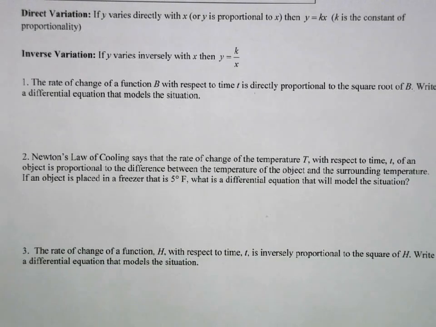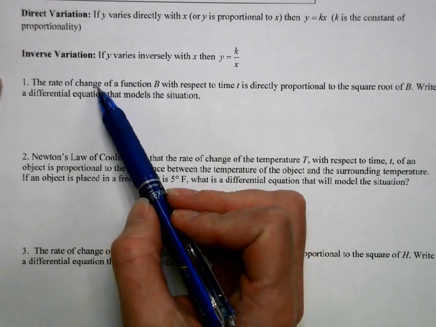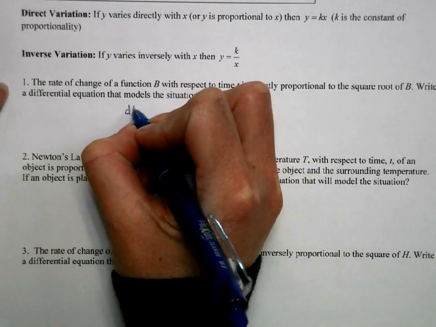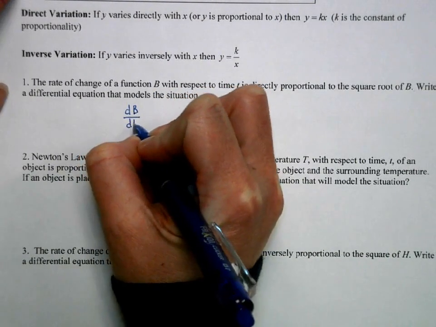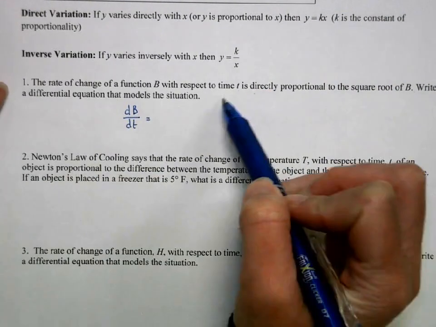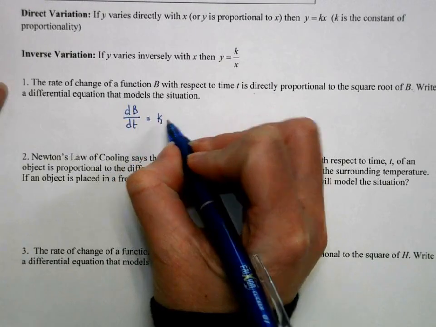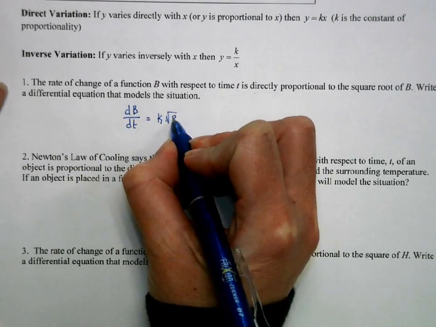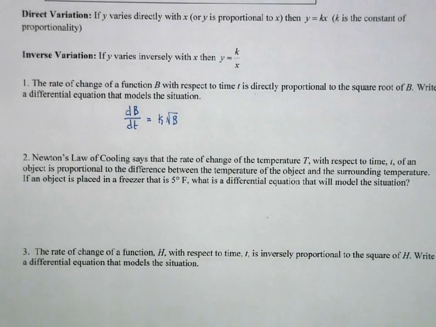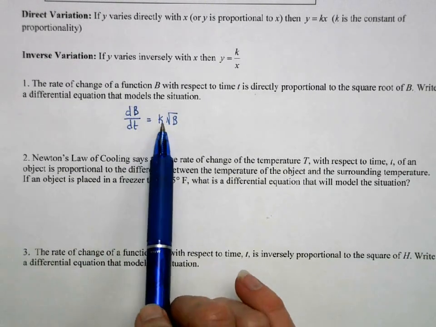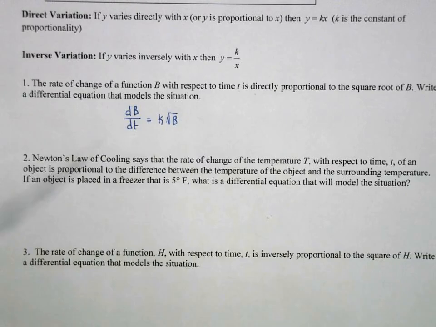The rate of change is going to be our derivative, the rate of change of b with respect to time. So we're going to write that as db dt, and we're saying that is directly proportional to the square root of b. I'm going to put the constant of proportionality k. So this says that the rate of change of b with respect to t is directly proportional to the square root of b.